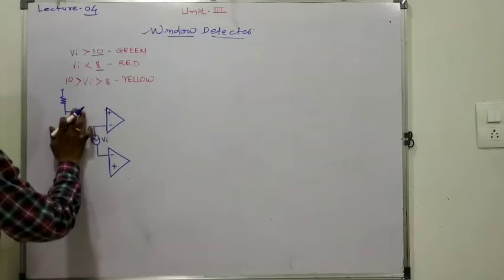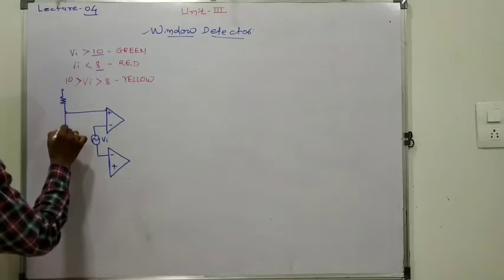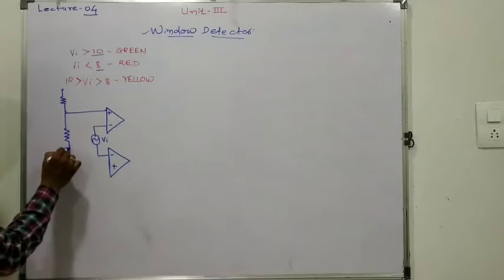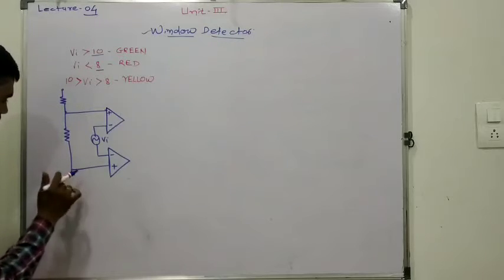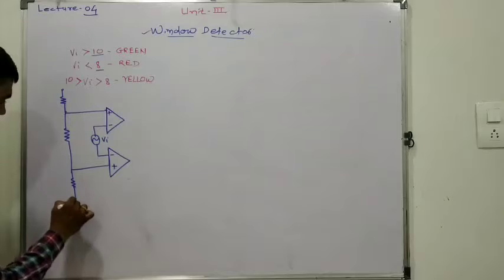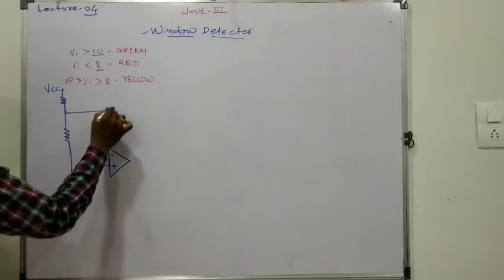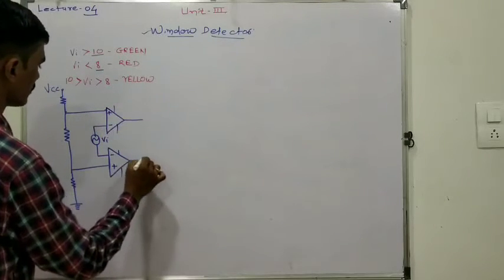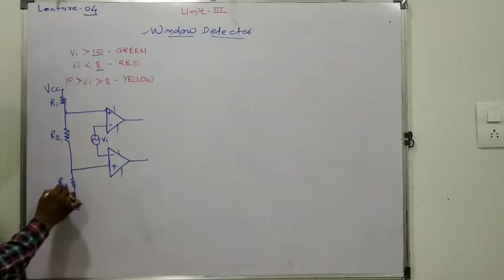This is positive, upper threshold, then this is lower threshold, and this is VCC. This is R1, this is R2, and this is R3.